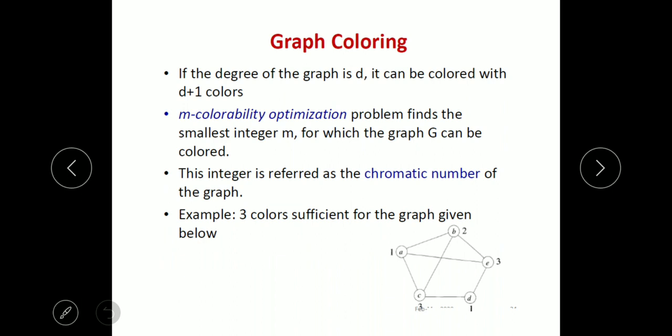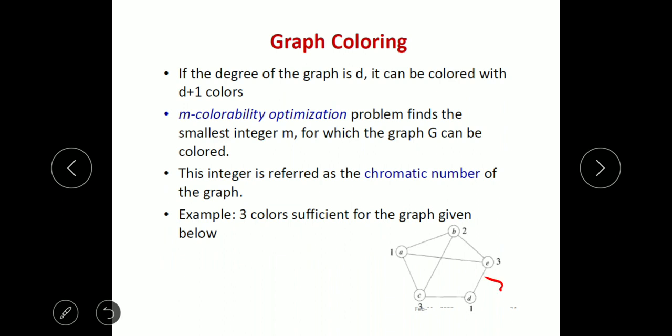If D is the degree of a given graph, then it can be colored with a maximum of D plus 1 colors. The M colorability optimization problem needs us to find the smallest integer M for which the graph can be colored, and this integer is referred to as the chromatic number of the graph.